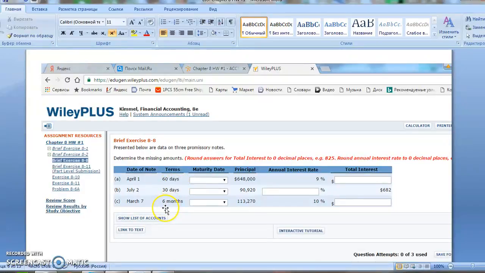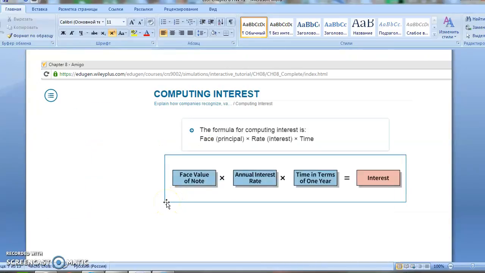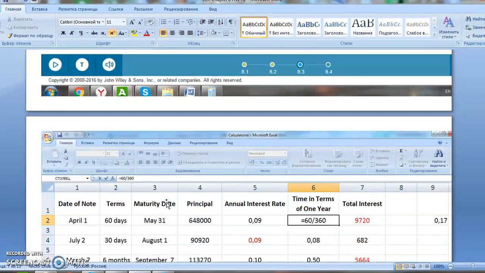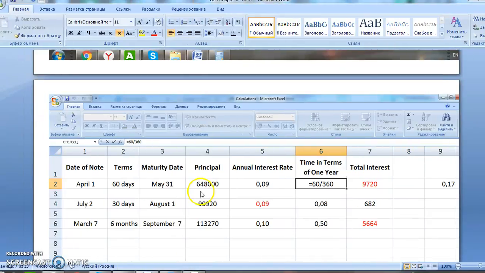Then, in accordance with the formula for computing interest, we multiply the principal amount of $648,000 by the annual interest rate of 9%, or 0.09, then multiply by 60 days and divide by 360 days, which is the time in terms of 1 year. We get the total interest of $9,720.